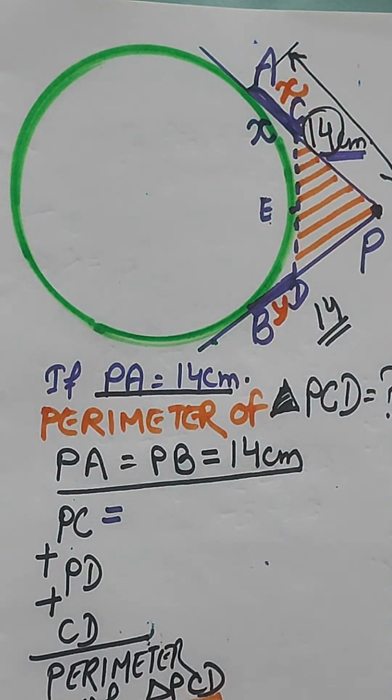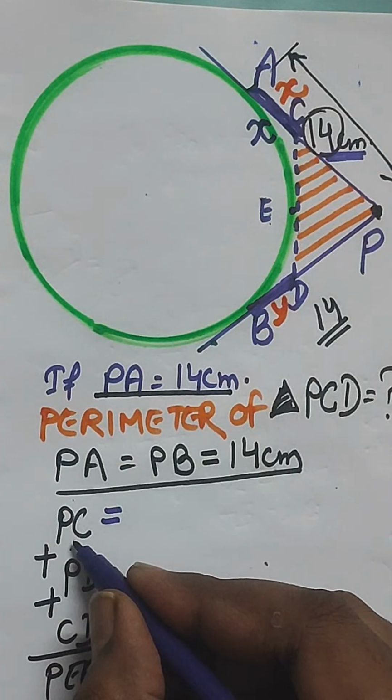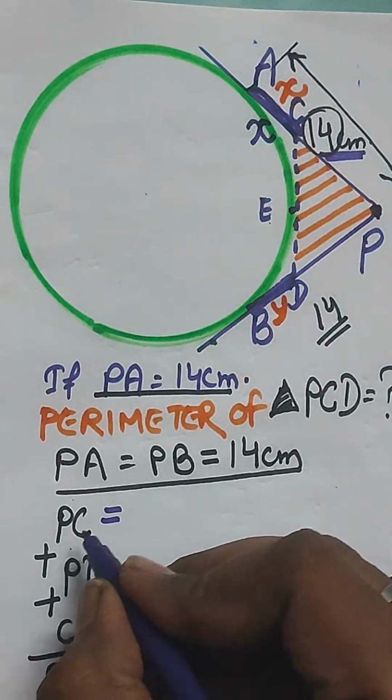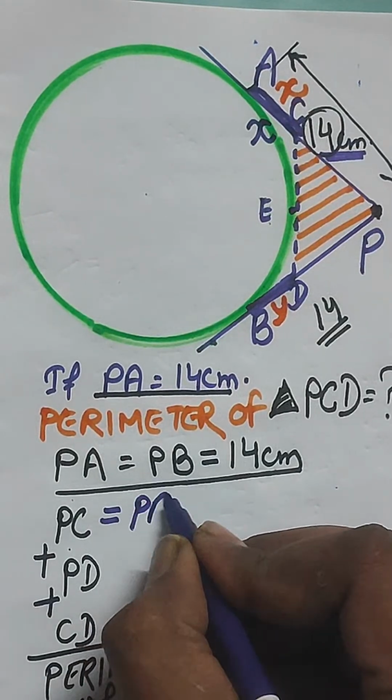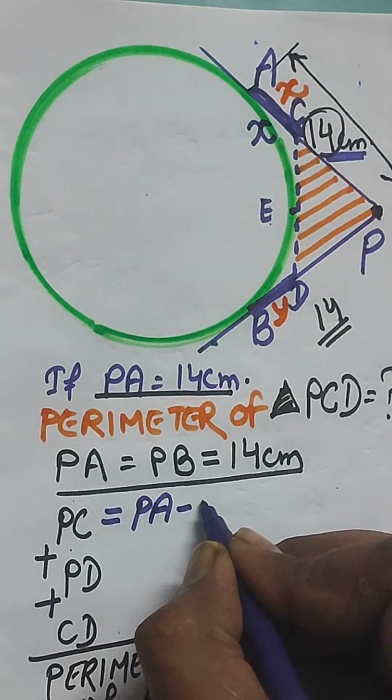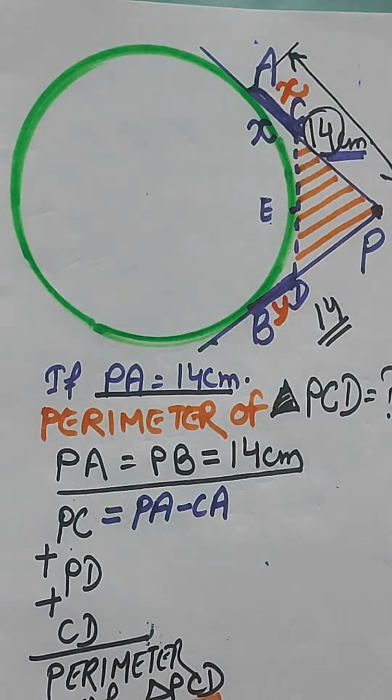So what we can do, if you are knowing the length of PA, then PC can be calculated as PA minus CA, isn't it?